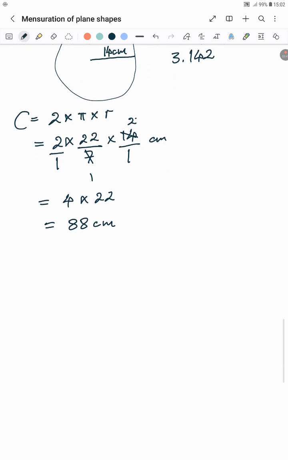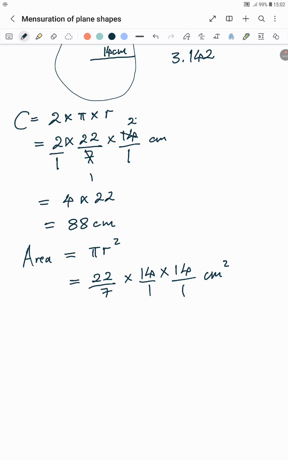Okay, and the area of a circle is found using the formula pi r squared. So here we're going to say 22 over 7 times 14 times 14 to get the area of this circle. So 7 into 14, that's 2. So here 22 times 2, you get 44.